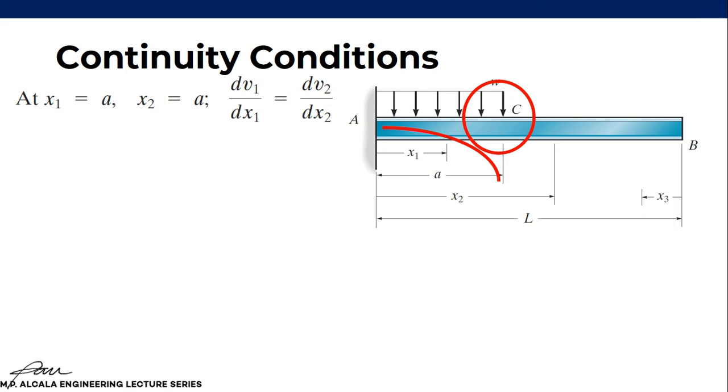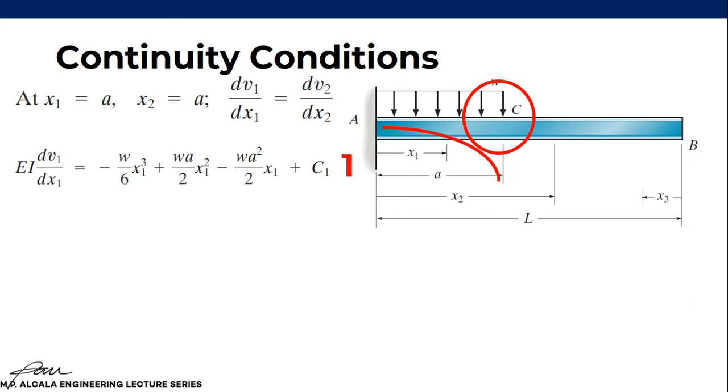Take note of that. We have two independent variables, X1 and X2, but with the same value at A, the slope will also be the same. So we can apply this continuity equation, giving us the following. The slope function from equation 1 is equivalent to the slope function at V2.